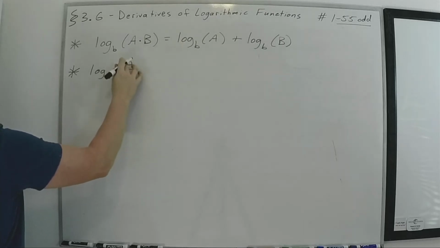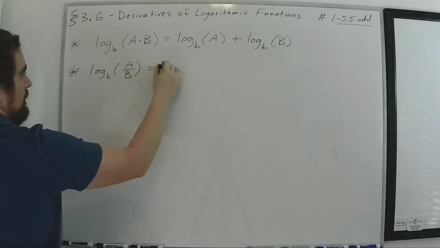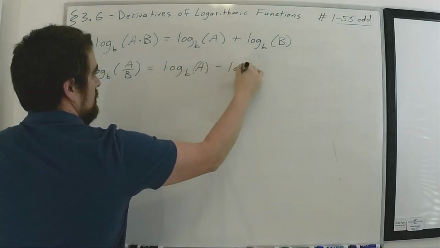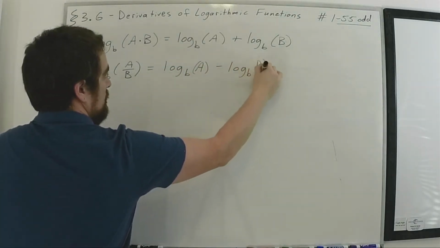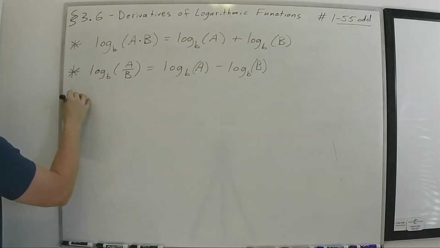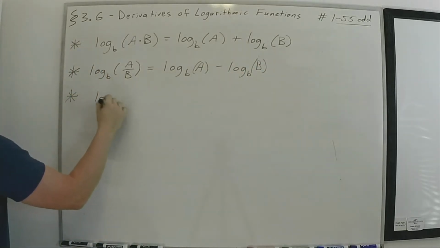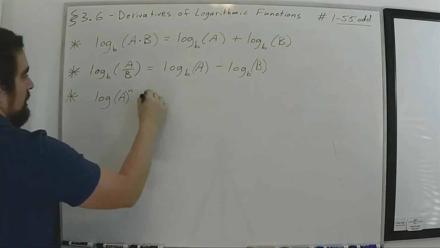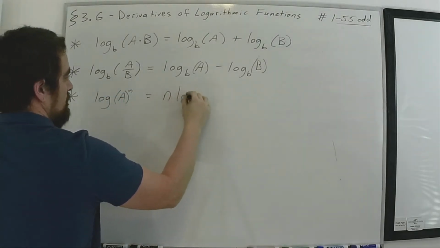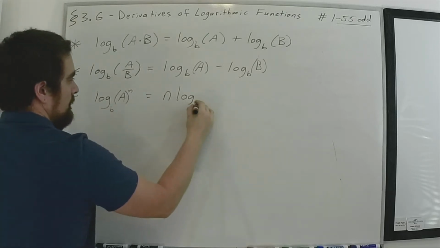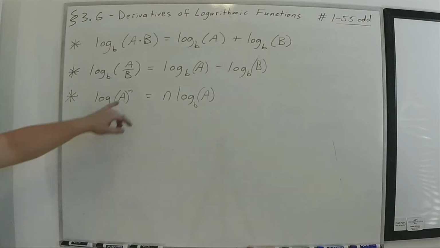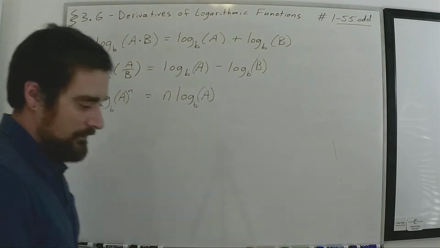If I have division inside, I can break it up with subtraction of 2 separate logs. And one other one that we'll use quite often is if I have a being raised to some power, then I can bring that power down as a multiple. I forgot my b down there. All right, so that power can come down as a multiple of the log.